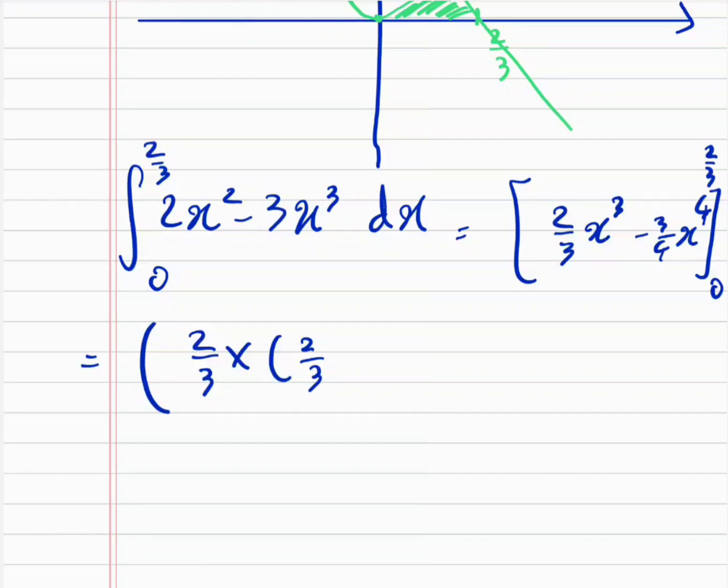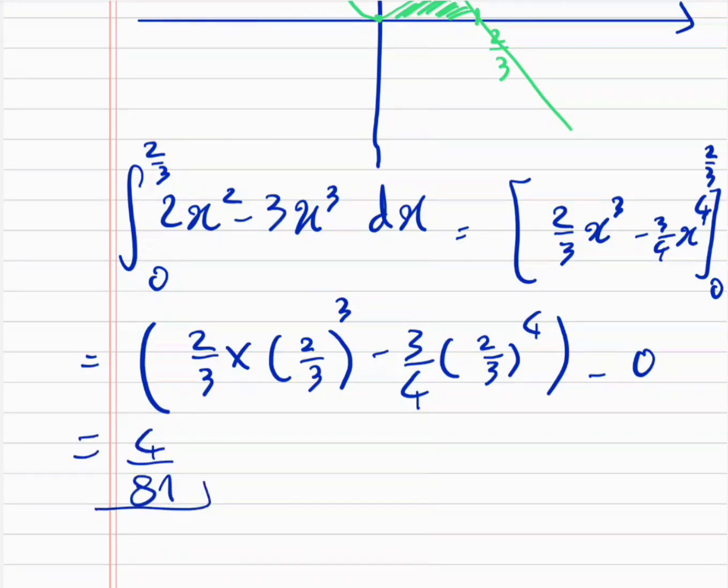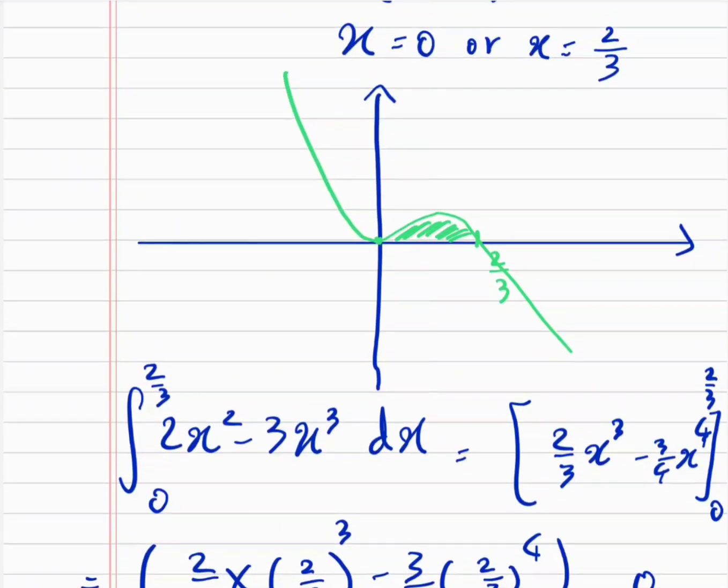Okay, 2 over 3 times 2 over 3 cubed, minus 3 over 4 times 2 over 3 to the power of 4, and minus just 0, because 0 substituted into this expression gives us 0. And so this gives us the value 4 over 81 for the area. So this is the area of the shaded region.